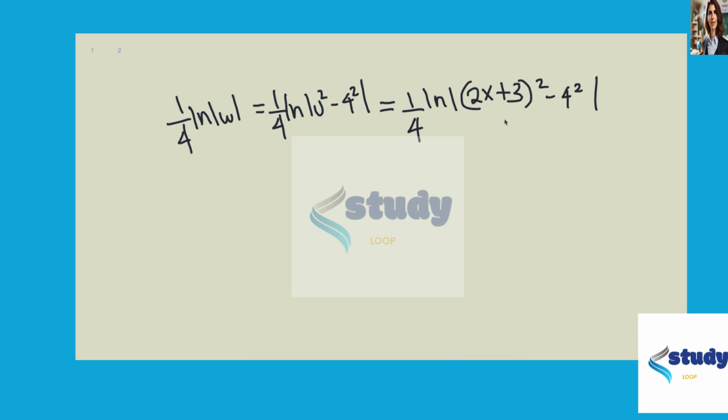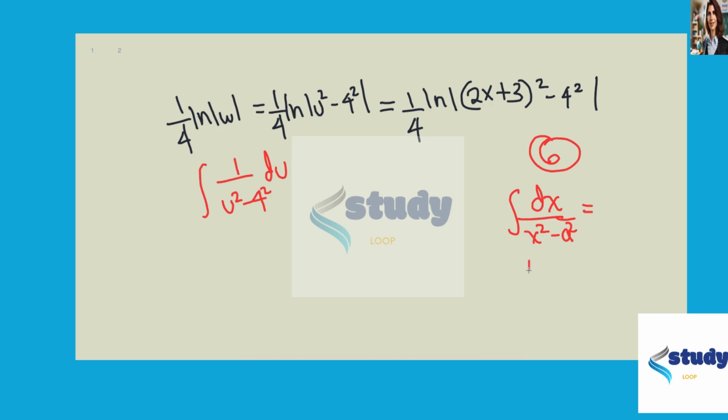Absolute value. Now for the other integral, we had 1 over u squared minus 4 squared du. Now let me write formula 6. So I'll put a 6 over here for formula 6. This is from the textbook.